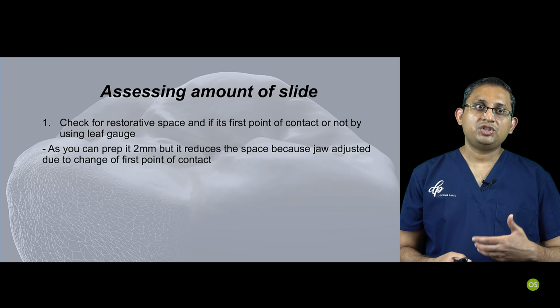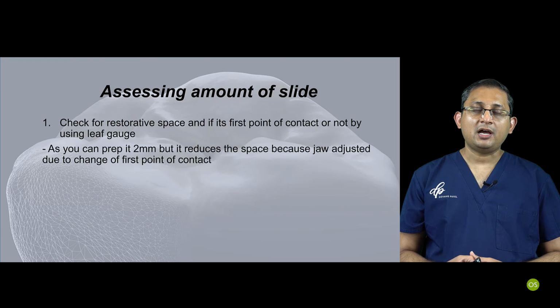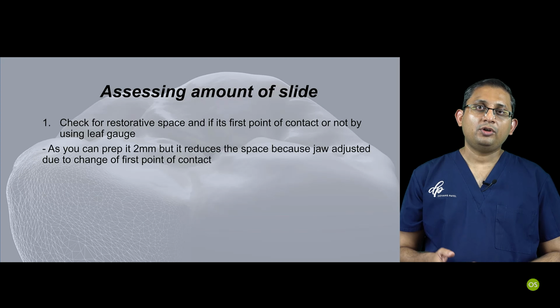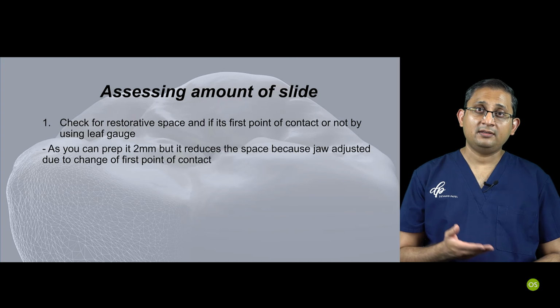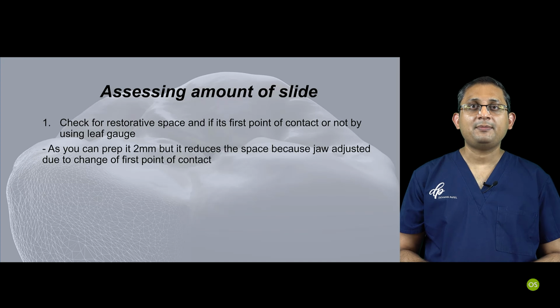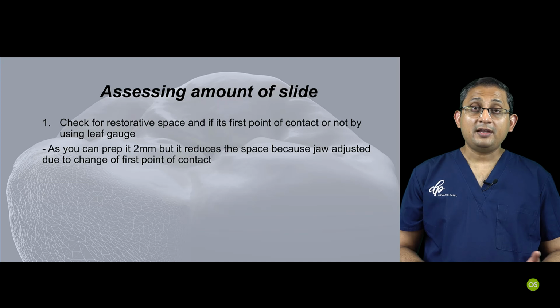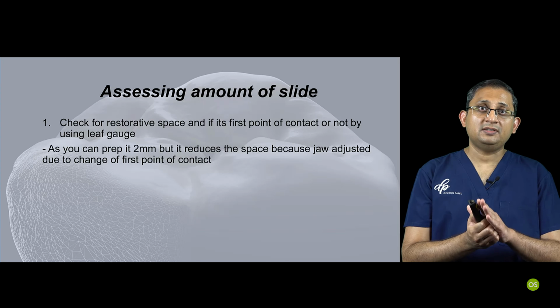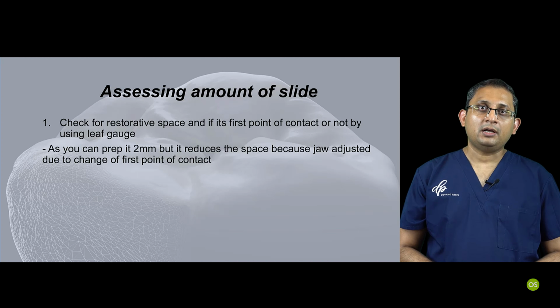That's why assessing the amount of slide becomes really, really important. If you are using a leaf gauge and assessing the slide during the clinical examination, and the slide is around 2 mm or 1.5 mm, then you may end up doing around 1 mm reduction, and the jaw just closes onto that tooth, and you just lose all the reduction you've done.